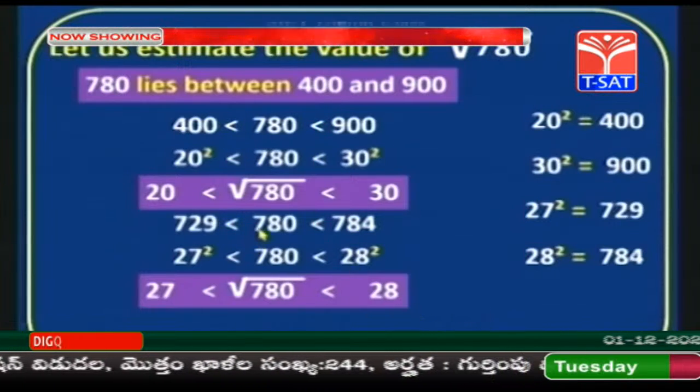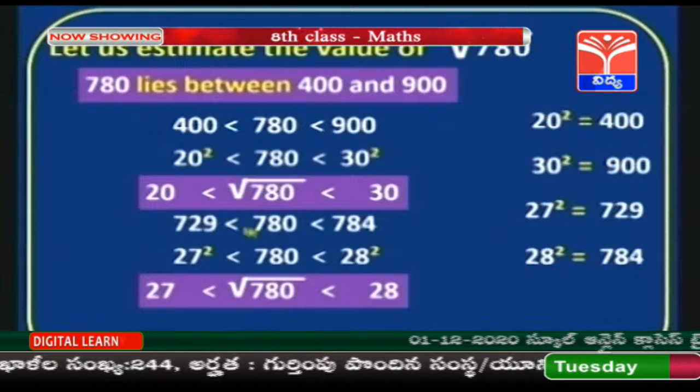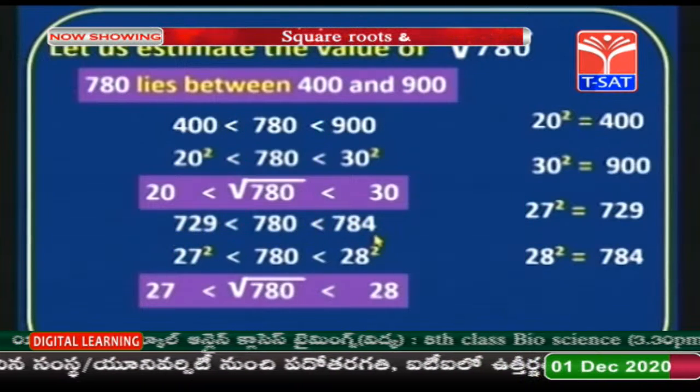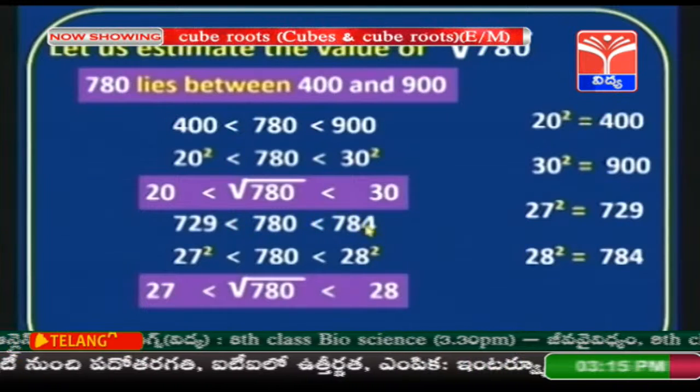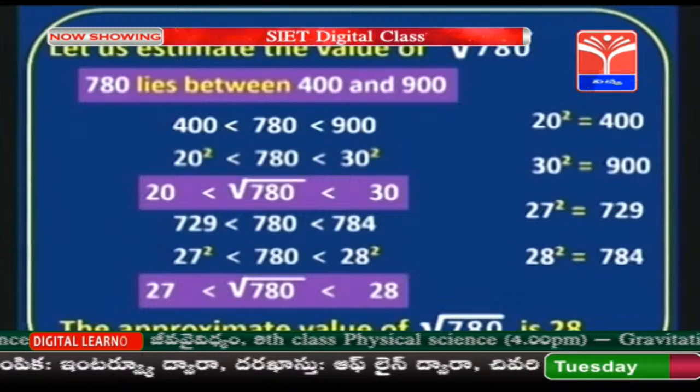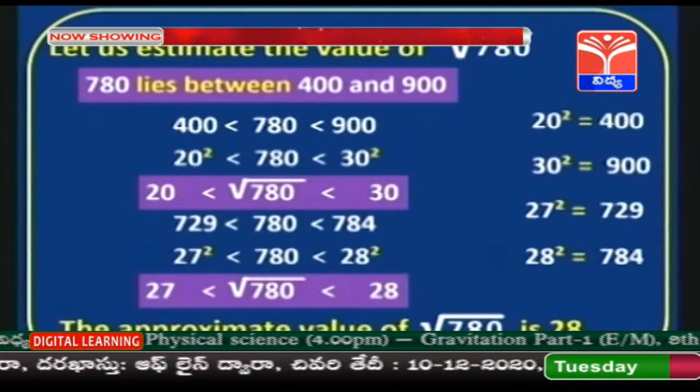Now children, observe this. Is 780 nearest to 729 or nearest to 784? Yes, it is nearest to 784. So we have to take the value as 28. So the approximate value of root 780 is 28.